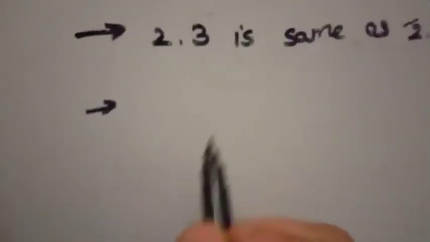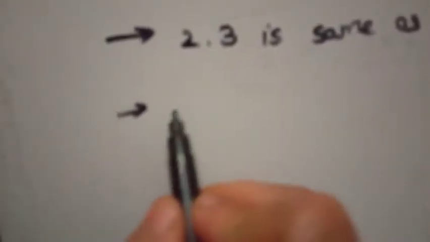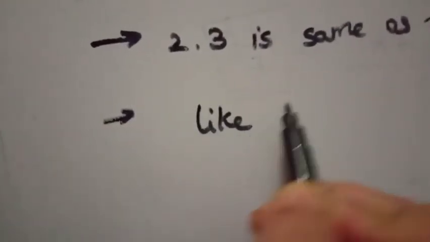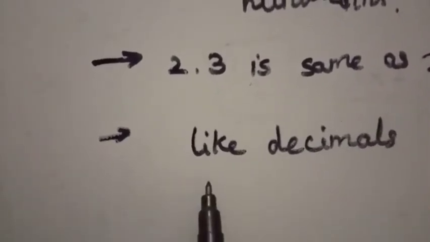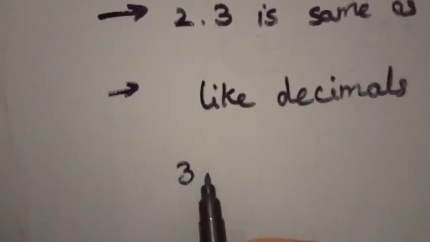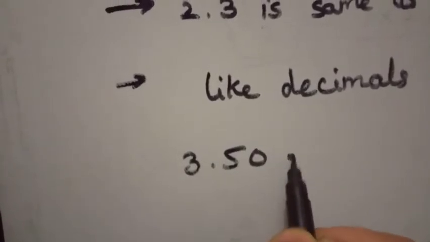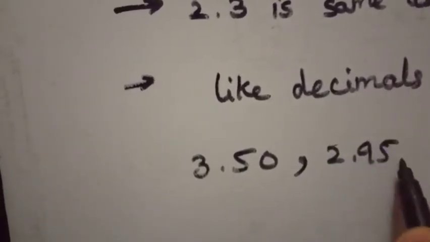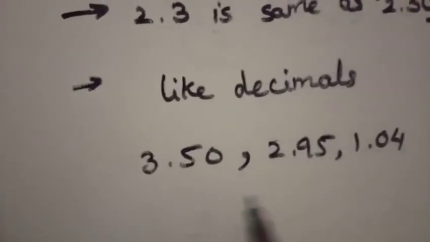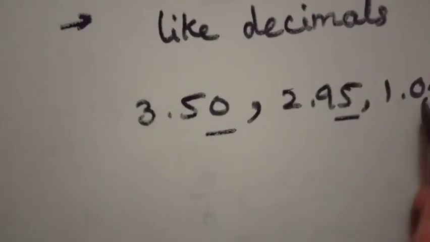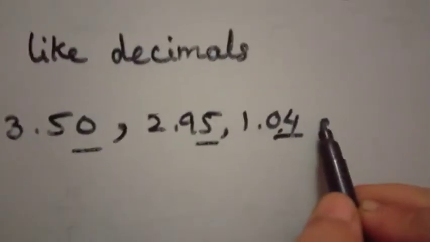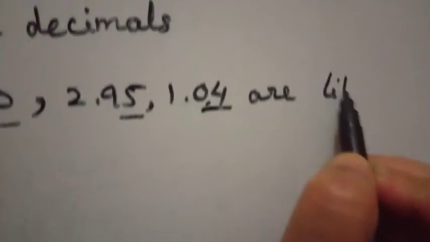Okay. Then another rule is that decimal numbers having an equal number of decimal places are called like decimals. For example, of like decimals we can take 3.50, 2.95, 1.04. These all have two numbers after the point, so they are like decimals.